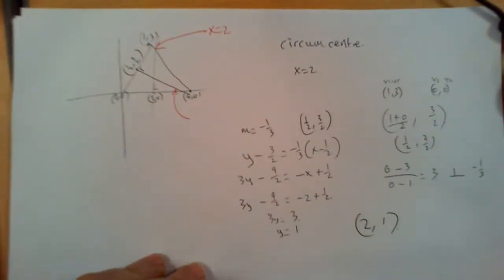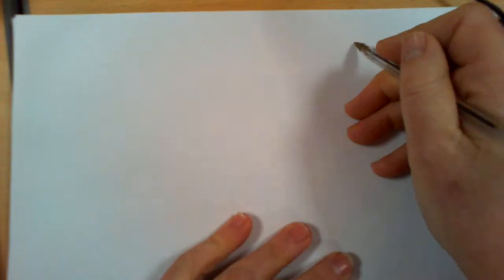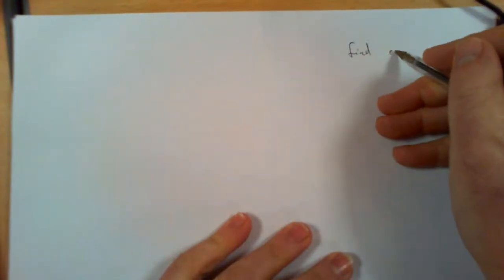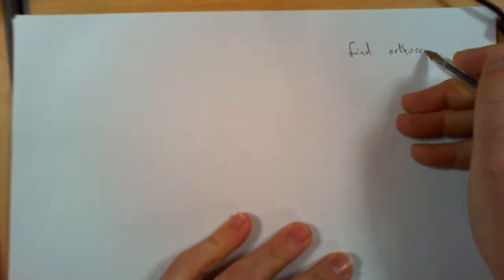Now we're going to do another orthocenter, because why not? For those of you who don't remember, the orthocenter is where, in a triangle, you draw a line through a vertex perpendicular to the opposite side.